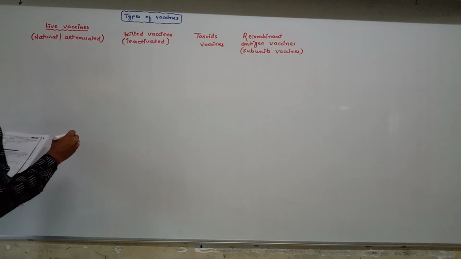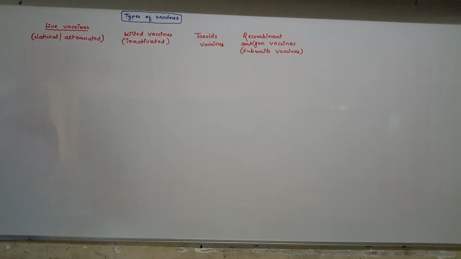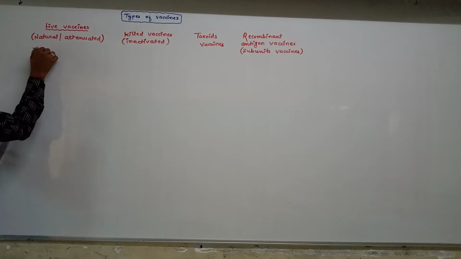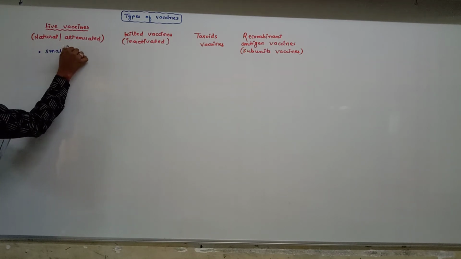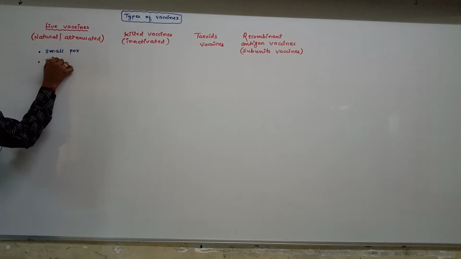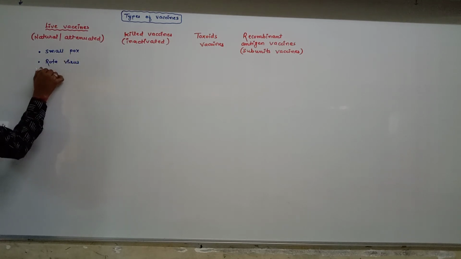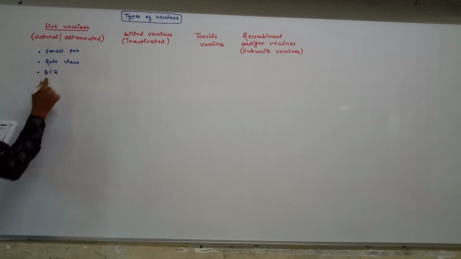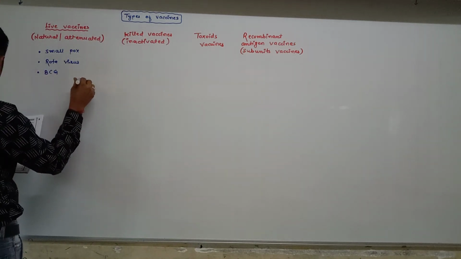Here, live vaccine examples are smallpox, rotavirus, BCG vaccine, Bacillus Calmette-Guerin vaccine.